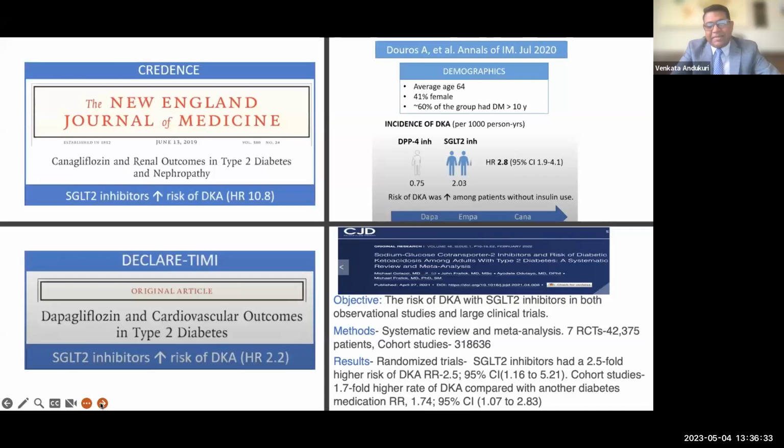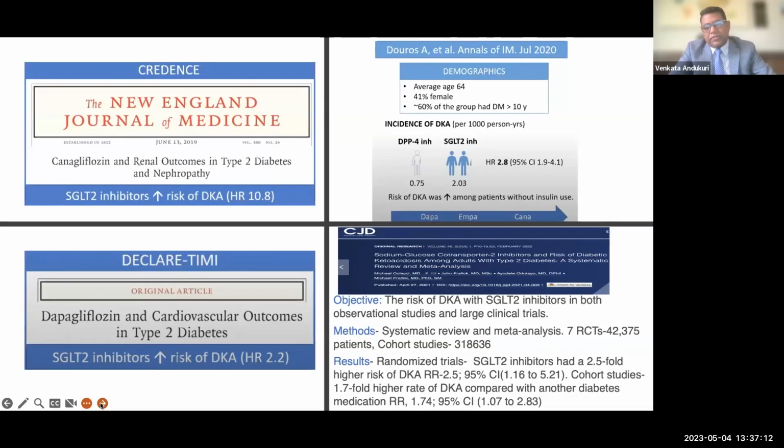So a paper was published in 2020 by Douros et al. Here they compared DPP4 inhibitors to SGLT2 inhibitors. In this particular study, the average age was 64, 41% were female, and about 60% of the group had diabetes mellitus for more than 10 years. They noted that SGLT2 inhibitors had a higher incidence of DKA per 1,000 person years, about 2 compared to 0.75 in the case of DPP4s.